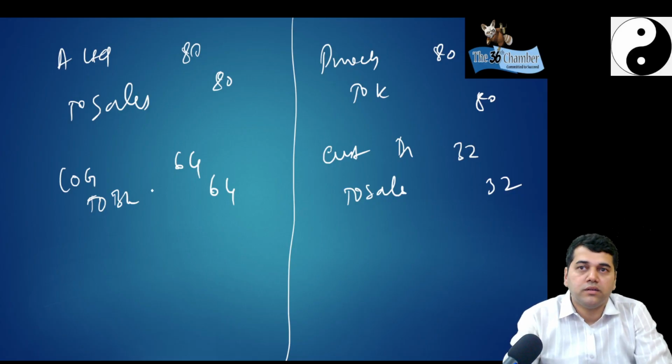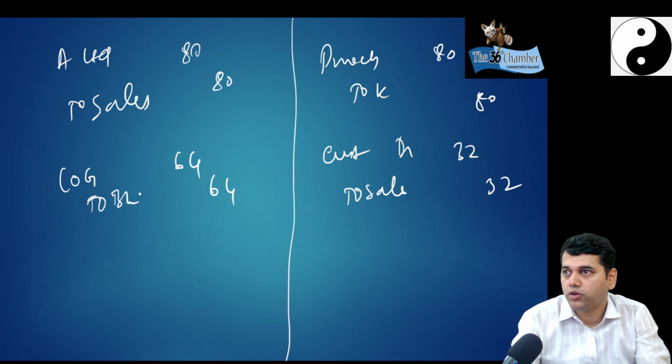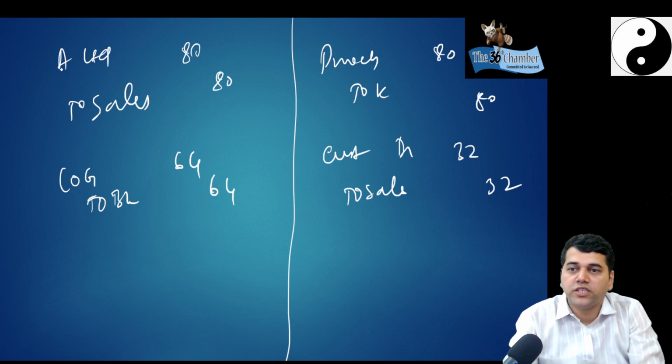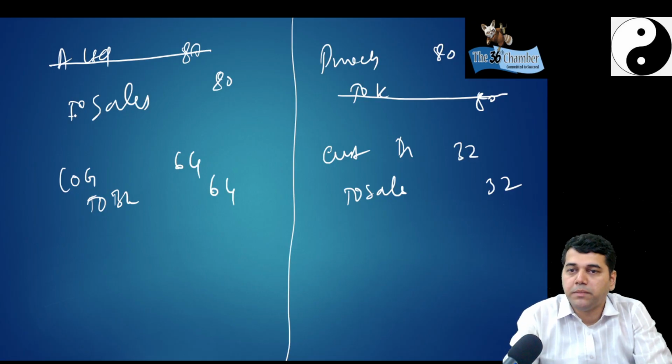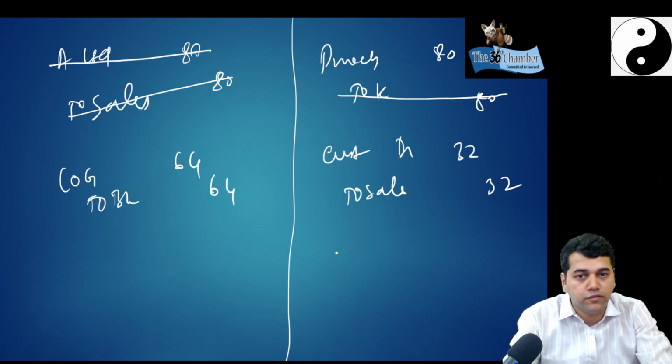Now the consolidation happens. You are going to consolidate everything. In consolidation, the intercompany balances are going to get eliminated. Intercompany purchase and sales are going to get eliminated. Then you recognize the closing stock. Who is going to pass the closing stock, K or the subsidiary? The subsidiary.